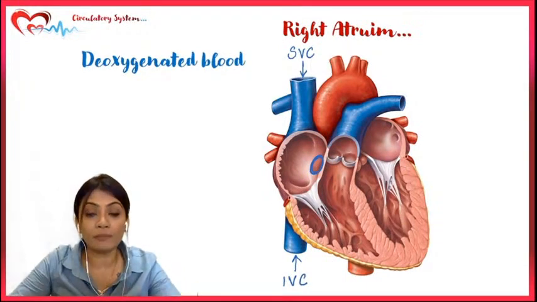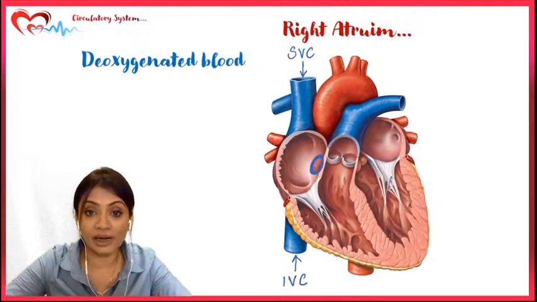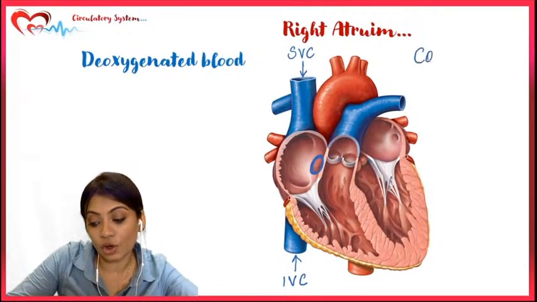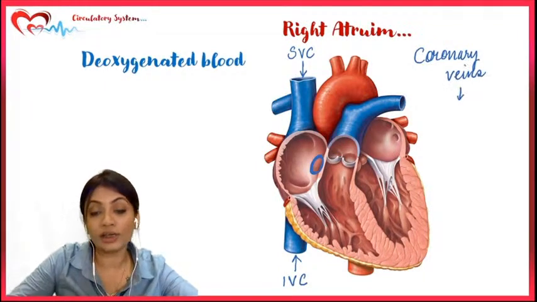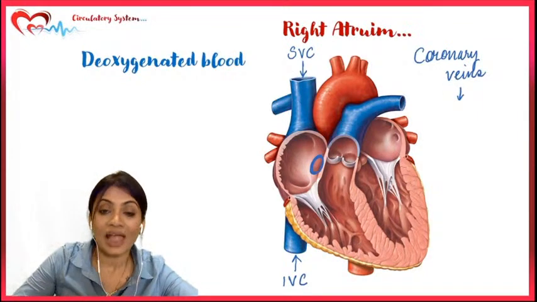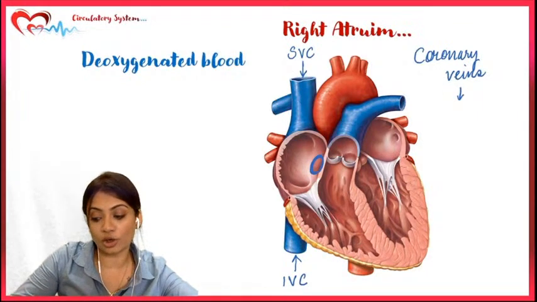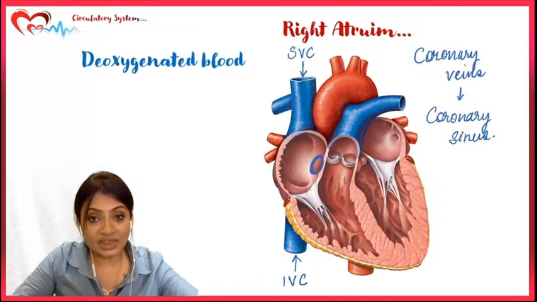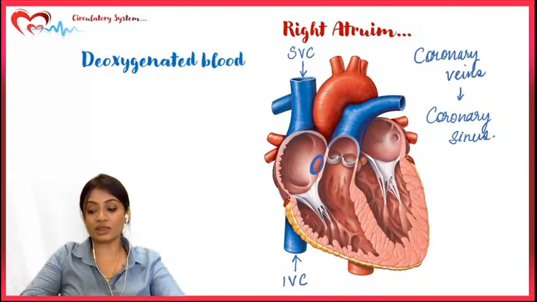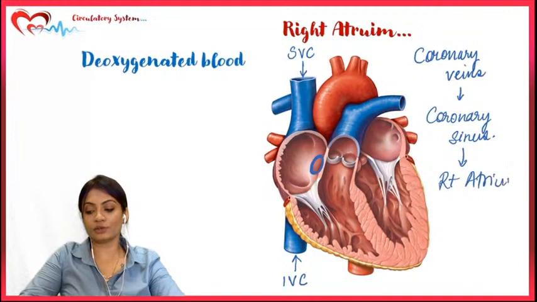And if you remember, the heart's deoxygenated blood is being brought by the coronary veins. And also, if you remember, the coronary veins are going to be joining and forming a structure which is called the coronary sinus. Okay, now this coronary sinus is going to open into the right atrium. Do you remember that?